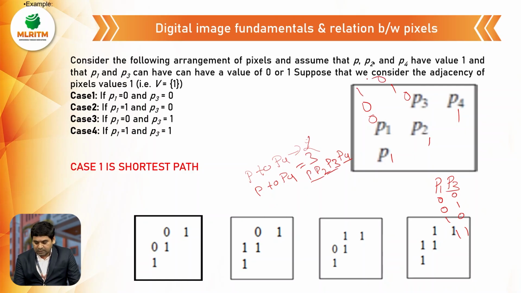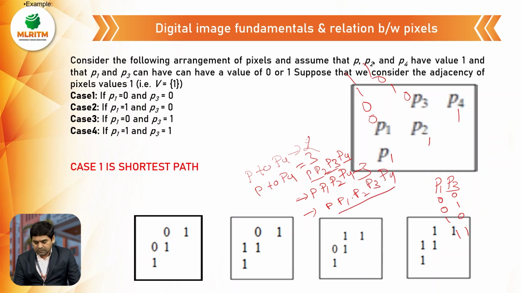Next the 1, 0 case: P1 to P2 and P2 to P4. Here also the distance is 3. Next the last case, the 1, 1 case for P1 and P3: P1 to P2, P2 to P3, P3 to P4.